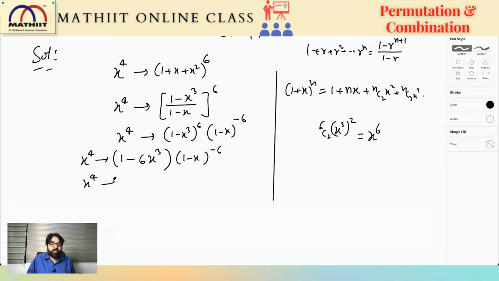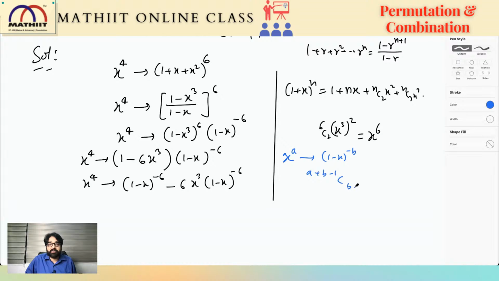Now x power 4 will be (1 minus x) power minus 6 minus 6 into x cube into (1 minus x) power minus 6. Do you remember the formula? I hope all of you remember. The coefficient of x power a in (1 minus x) power minus b is (a plus b minus 1) C (b minus 1).